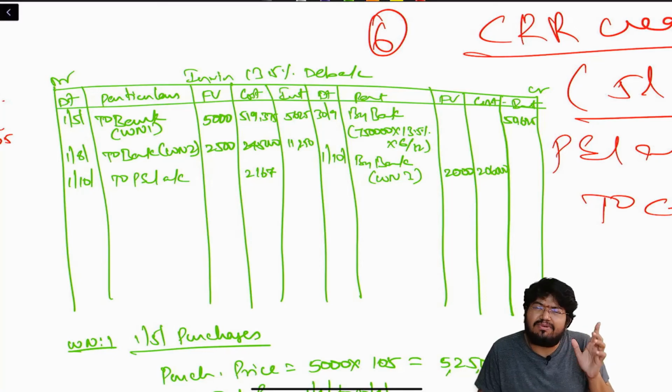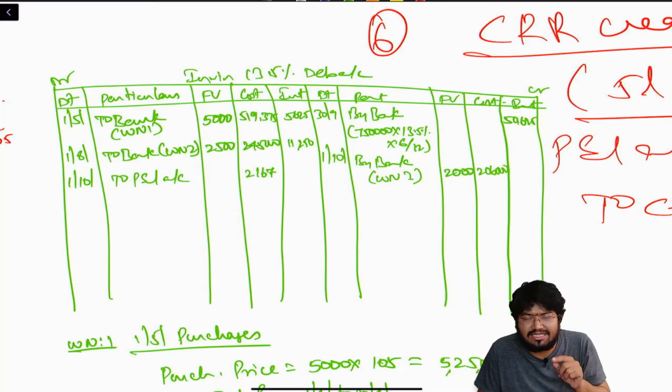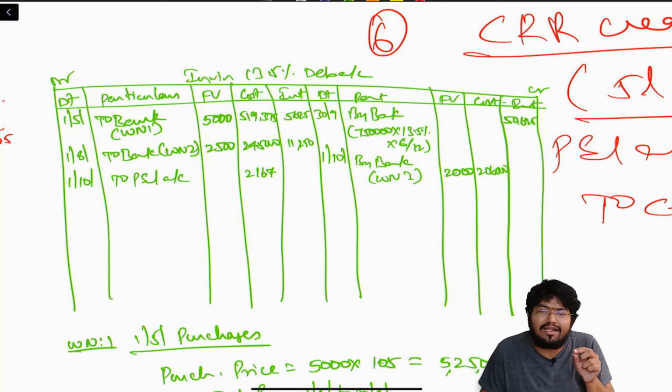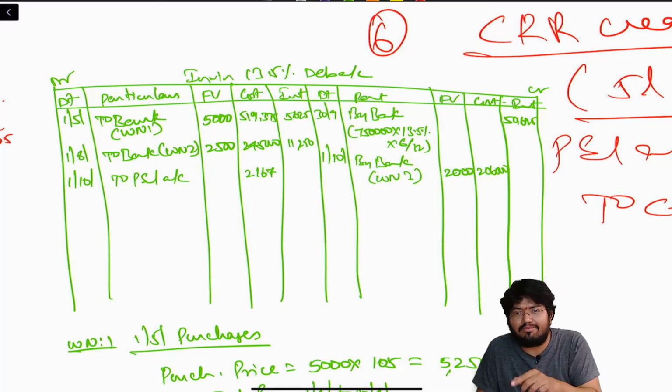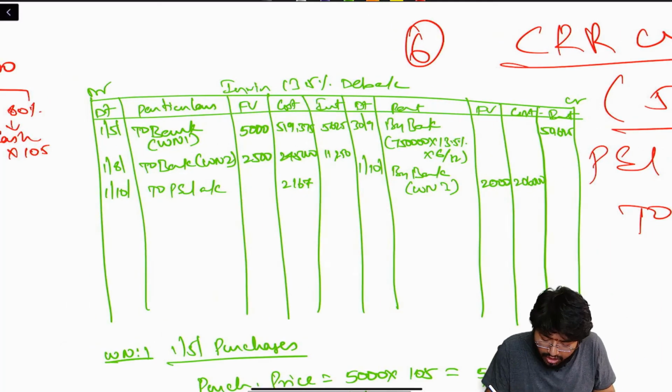So there is a difference between these two. So what we are supposed to do is on 31st December, I should accumulate the amount of interest which I have earned but not received and show it in my interest column. So let's do that. On 31st December, by interest accrued but not received.